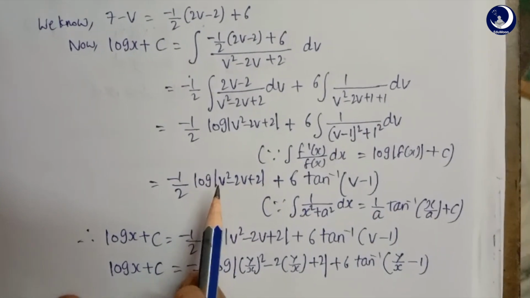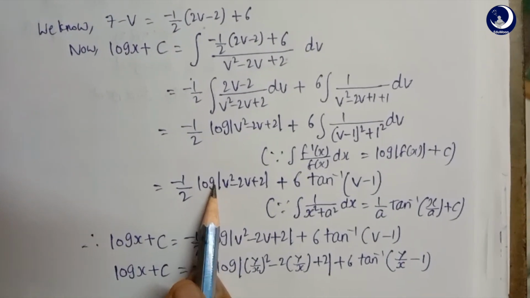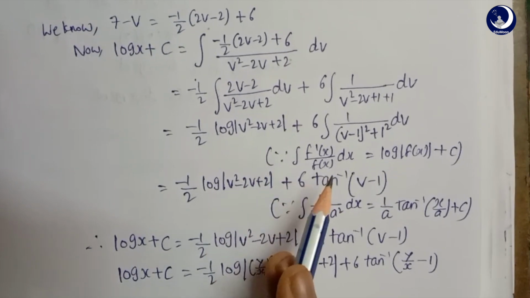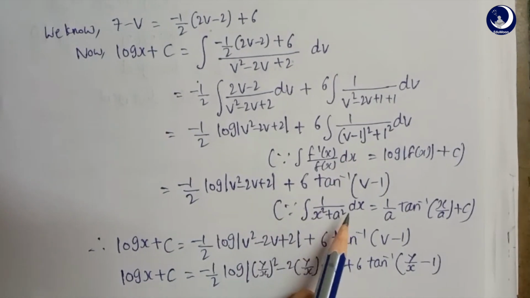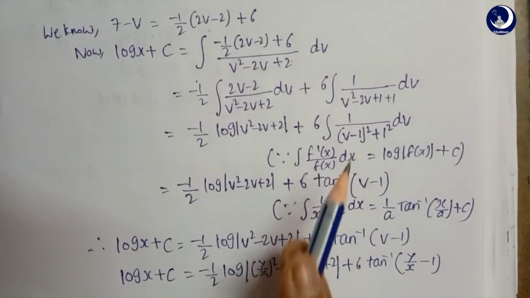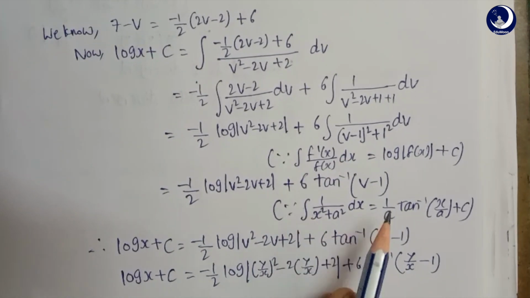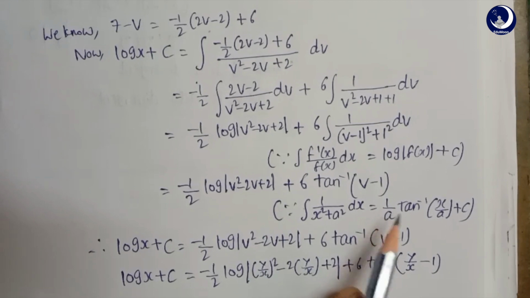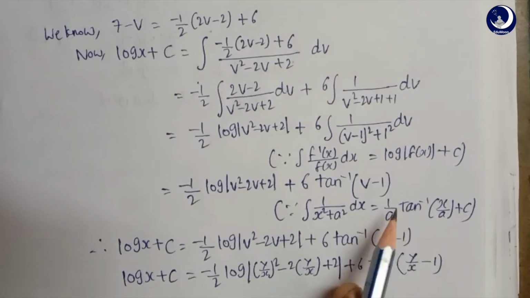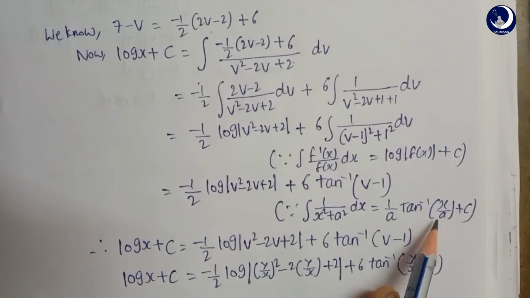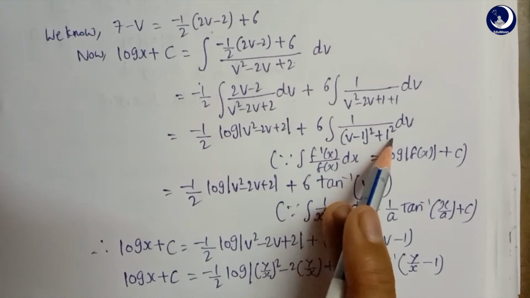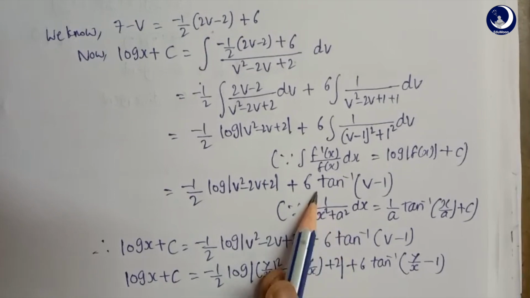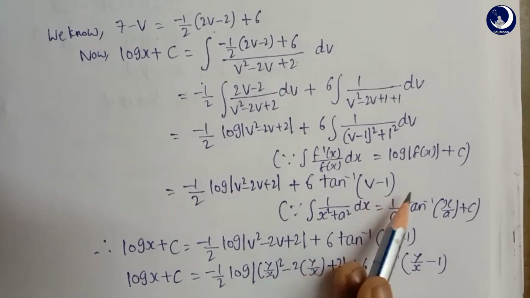Now coming to this, minus half log (v square minus 2v plus 2) plus 6 into, it is in the form of 1 by x square plus a square. Its x function was v minus 1. For this function, we have to take 1 by a into tan inverse of x by a, where a is a constant. Here the a value was 1, so I took 6 tan inverse of (v minus 1).